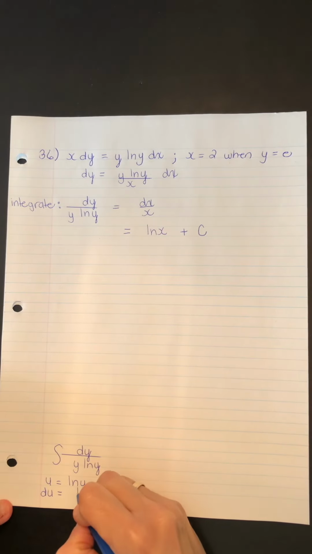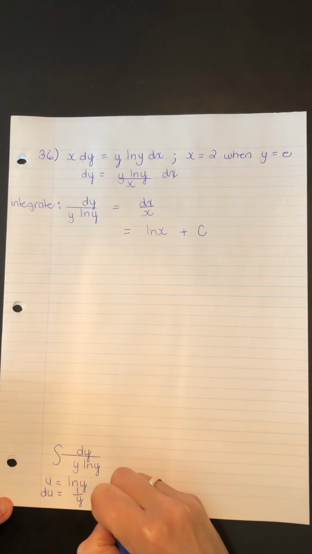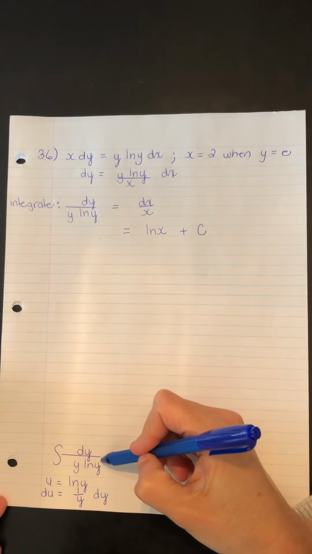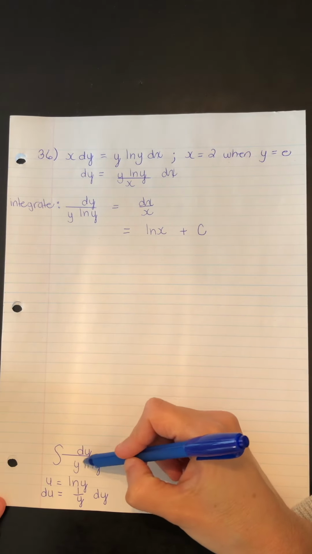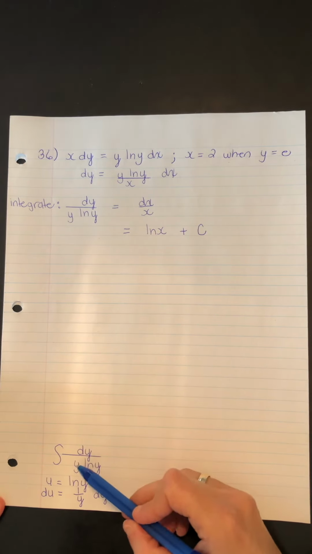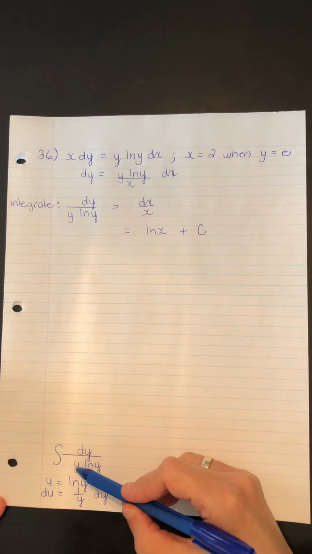So we end up with 1 over y times dy. Okay, so u is the ln of y. So right here we'd be putting a u. Okay, so the u is in the denominator. And dy over y is exactly what this is equal to. 1 over y times dy is the same as dy over y.